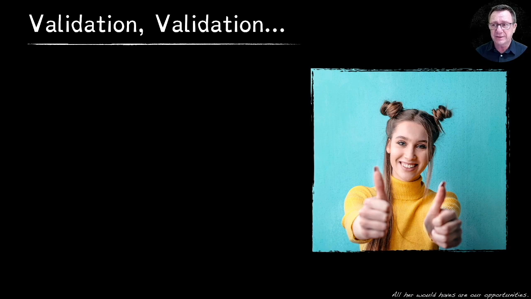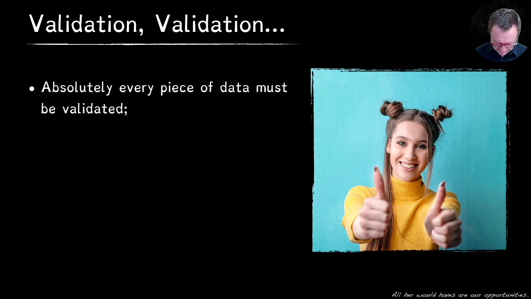So validation. Really important. Every piece of data needs to be validated to ensure it is the right value. We may not be checking to know if it's 10 or 20, though we may be. We want to make sure that we've got the right data going in.